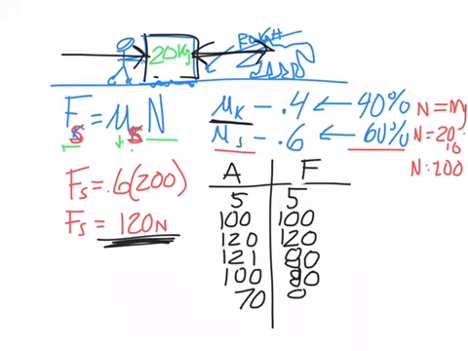Well, the friction force would still be 80 newtons. It's just now friction is winning, and the box is going to slow down. Eventually, the box will slow down and stop, and then at that point, the friction force will switch over to 70 newtons, nice and balanced, keeping the box stationary. Then if I try to push on it again, I could push 90. The friction force will adjust to 90 to keep it in place.